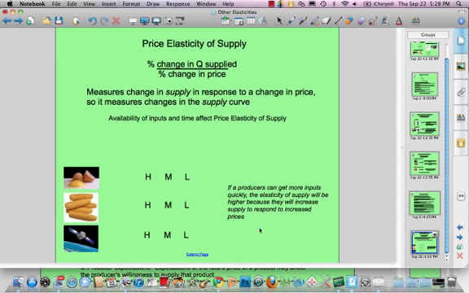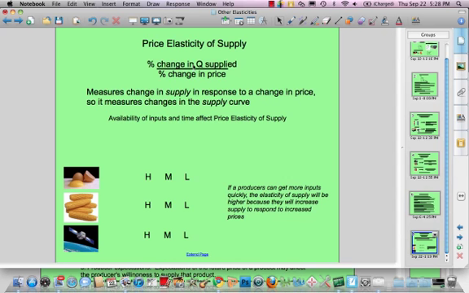When price goes up, all other things being equal, producers are going to want to supply more, and they're going to want to supply it as quickly as possible. Well, if a producer can get more inputs quickly, so input and time, the elasticity of supply will be higher because the producers will increase supply to respond to those increased prices.